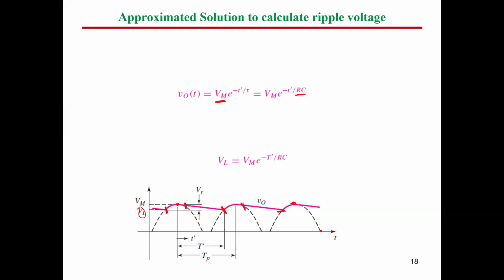At steady state, assuming an exponential relation for the voltage like that, we can find that V out, which is the capacitor voltage, equals Vm times e to the power minus t prime divided by tau. Here, t prime means the time starting from the instant of this point, because t would mean starting from t equals 0.